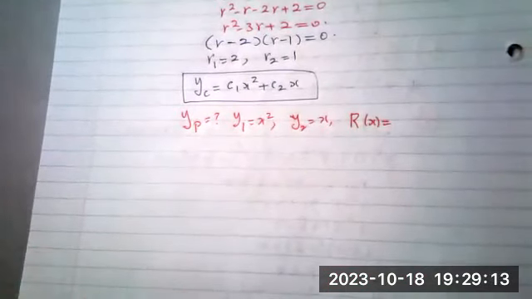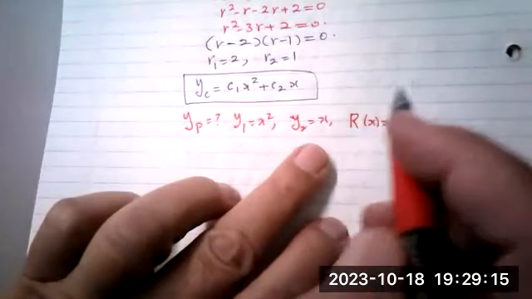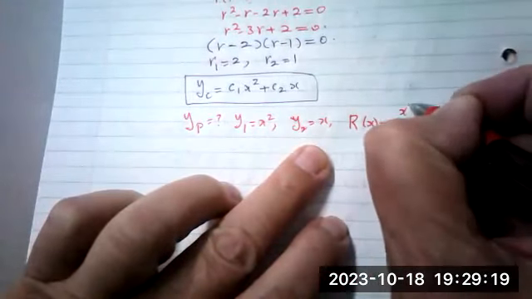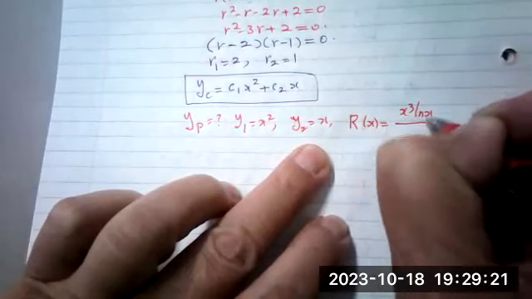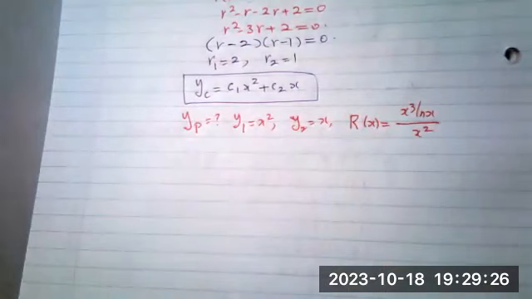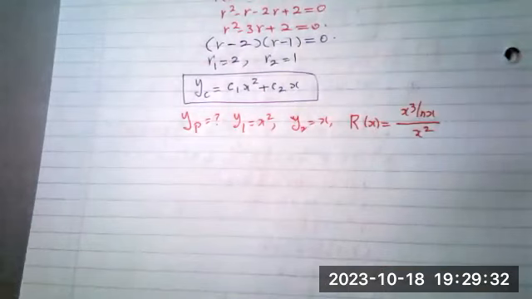Your formula must be normalized. So there you are, we get x cubed, I write it down so you know what's going on, divided by x squared. The coefficient of the y double prime in the formula of the variation of the parameter must be 1. That's why you divide it by x squared.